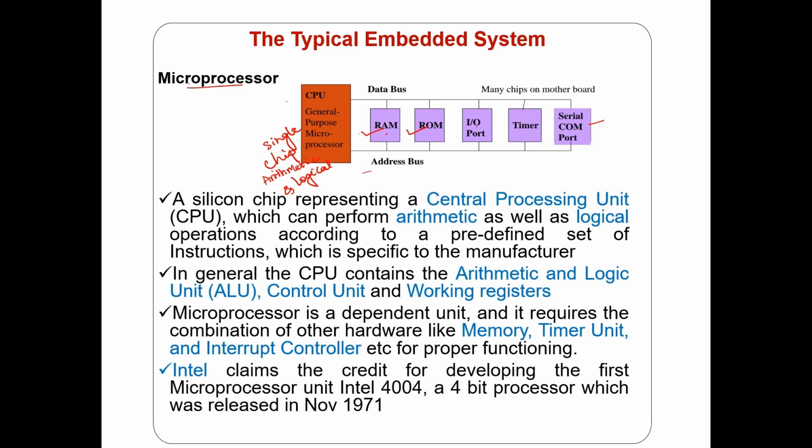The communication interfaces associated with the CPU are the serial ports as well as the parallel ports. All these external devices in the microprocessor system are connected through two buses. One is the data bus and the other one is the address bus. Depending on how many bits the CPU is, the data bus width and the address bus width will vary.